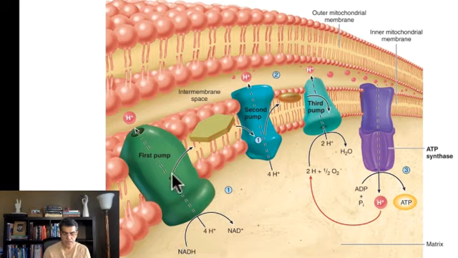This member is going to get the electron, and then it's going to pump hydrogen between these 2 membranes. It's called the intermembranous space. So as NADH comes to this mitochondria and gives off the hydrogen, the electron is going to be transported from one molecule to another, and the hydrogen will be pumped into this intermembranous space.